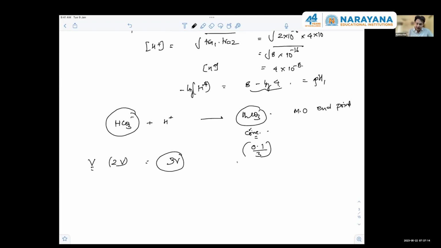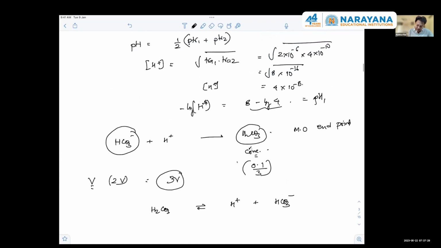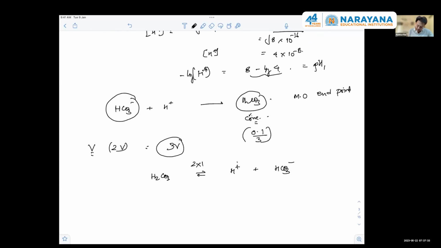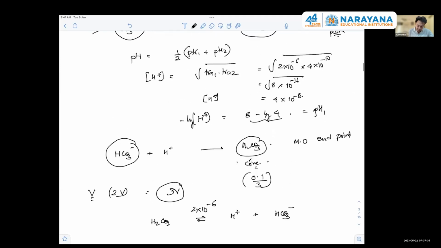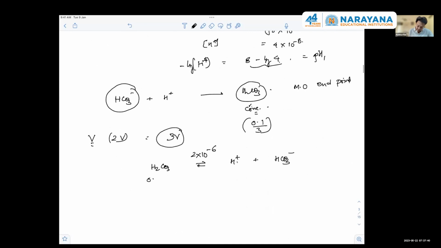So if that is the thing, 0.1 by 3, now you have to calculate the H plus ion concentration. This is a polybasic case. H2CO3 will dissociate into H plus and HCO3 minus. Second ionization you need not take, because the first ionization H plus ion will be more than sufficient. Simply write here H2CO3 is equal to 0.1 by 3, take it minus x and x.